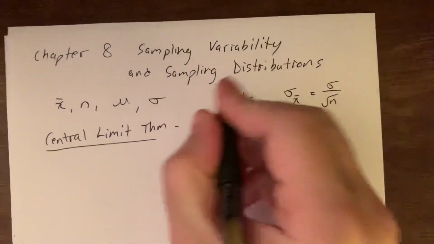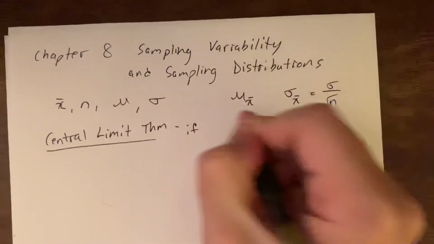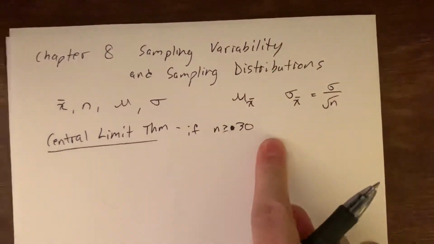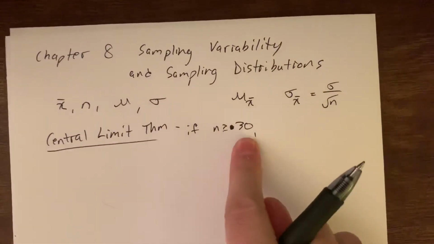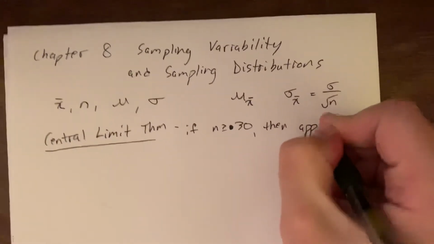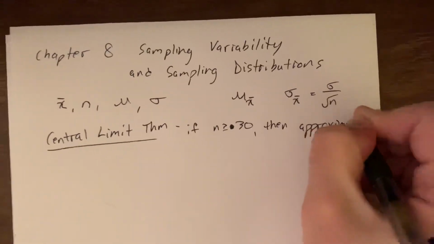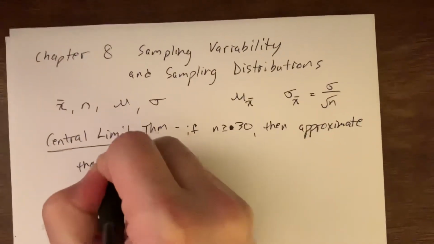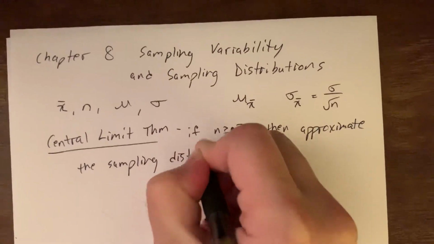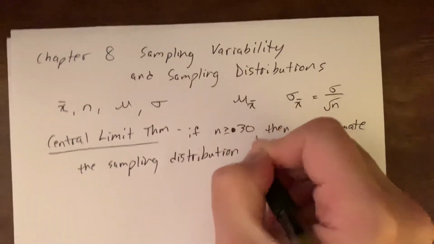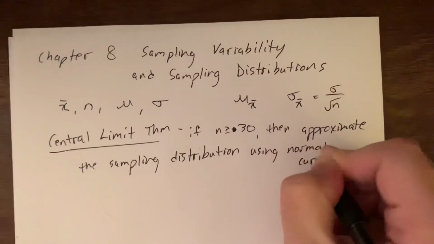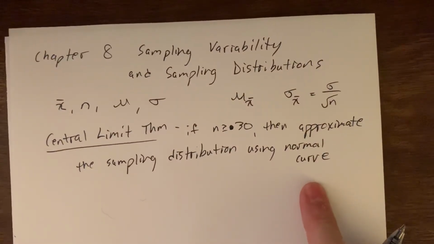The central limit theorem says that if n is sufficiently large, so that'll be greater than or equal to 30, my sample size, then we can approximate the sampling distribution using the normal curve. Again, we could treat it like it's normally distributed.